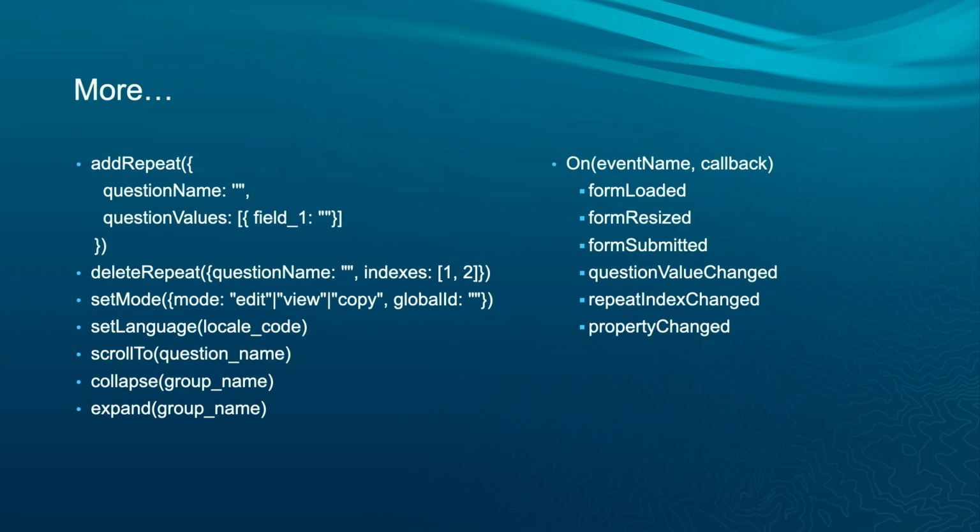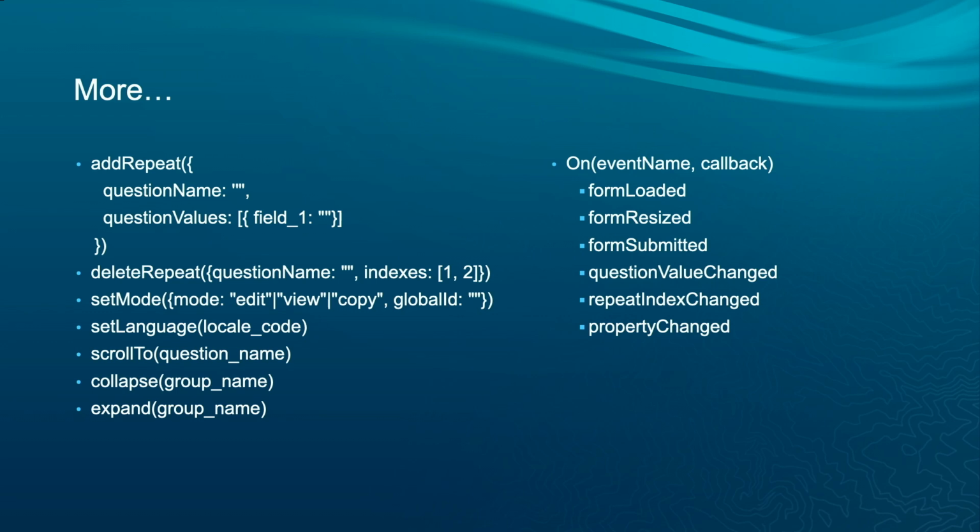That means it will show the existing survey data in the form, and someone can update or edit the answer and then submit. But sometimes you just want to show the existing record in read-only mode. So you can set the mode to view to only show the existing data in read-only mode.